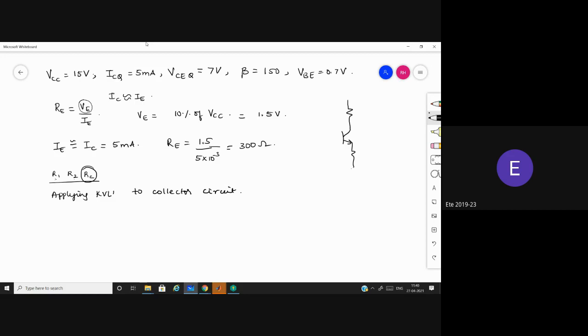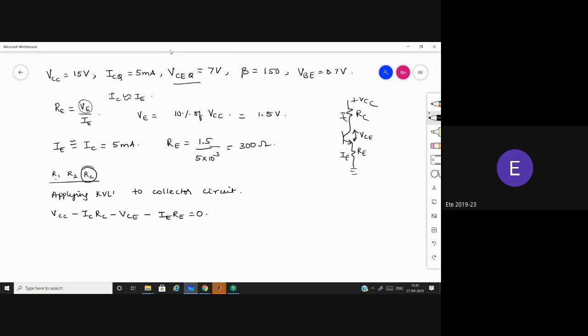This is the collector circuit we are having. This is RC, this is RE, IE, IC, VCE. See, VCE is also given, and we already know what is VE. So the equation is VCC minus IC RC minus VCE minus IE RE is equal to 0.